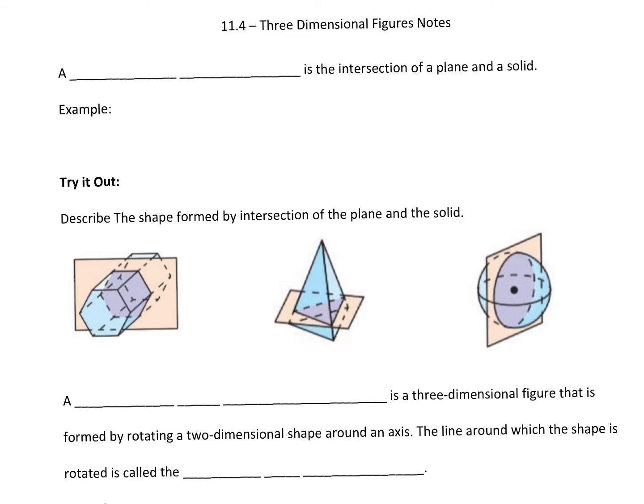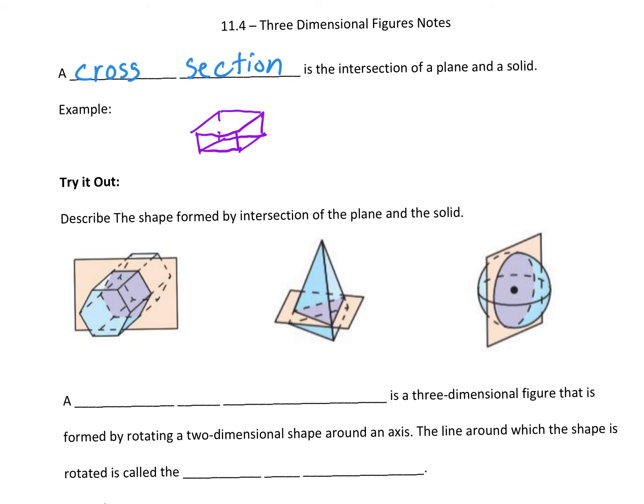Next part is a cross-section. Imagine if you had any shape, any solid you may have. It doesn't have to be a polyhedron, it just has to be a solid. So you have a solid, and then you decide to take a plane and cut the solid at any angle.